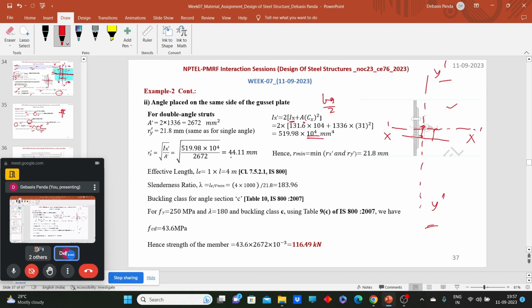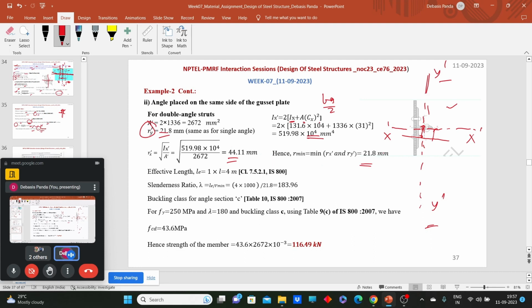So radius of gyration about this axis will come as that, and this y axis will be same as my single angle section. For the single angle section, ry dash was 21.8 mm, so that will be same. So the minimum of these two, that means 21.8, will be my targeted ry dash value.